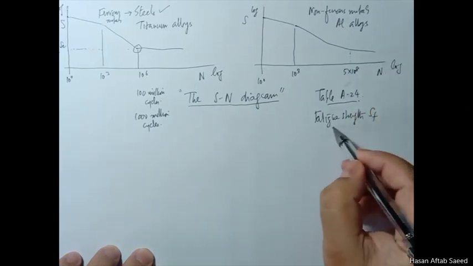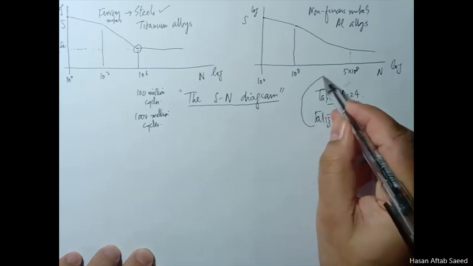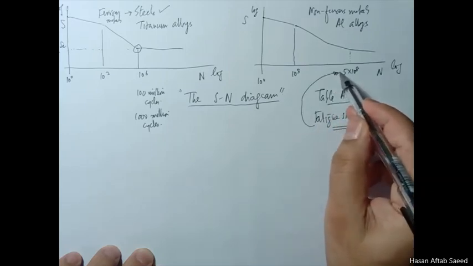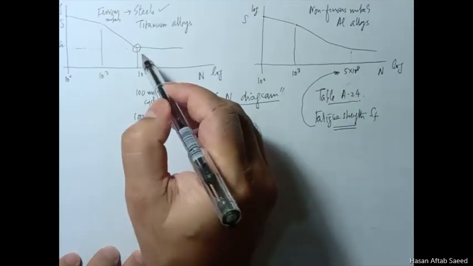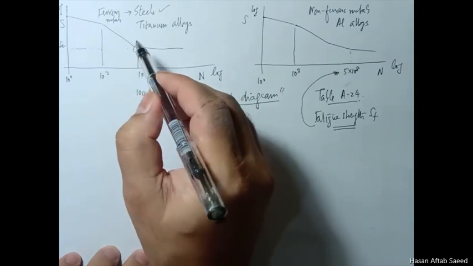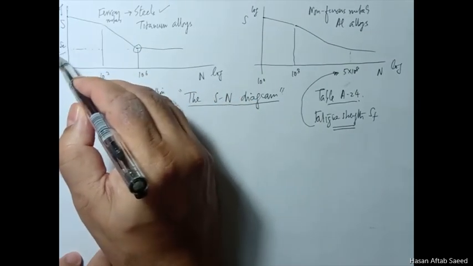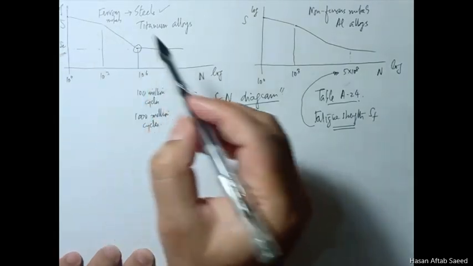So the strength is corresponding to these many cycles. For materials of the other type, you'll always find in data the fatigue strength will be given as endurance limit.